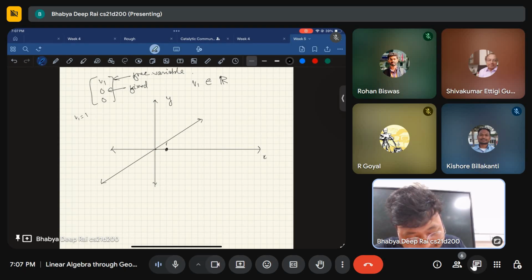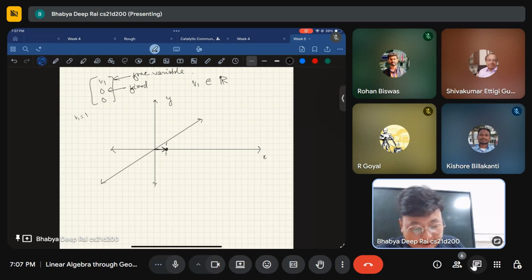And what about y and z? It's a 0. So it does not have depth, it does not have height. So this is what the vector looks like.